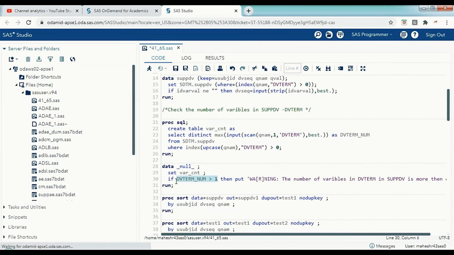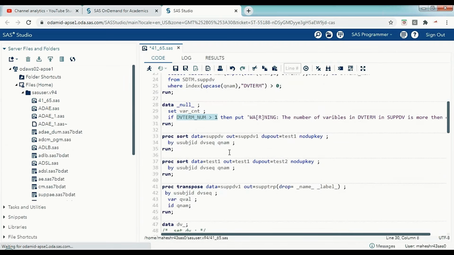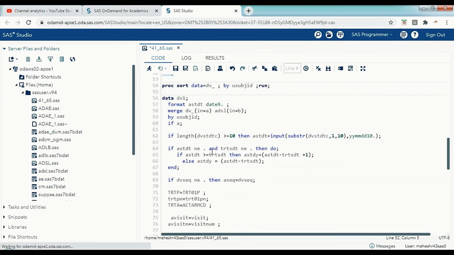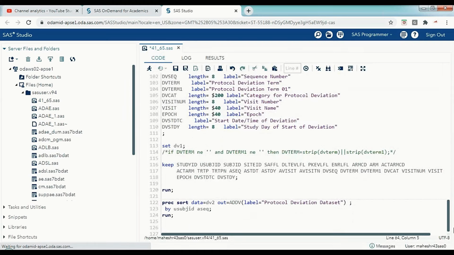That way we get proper information and avoid duplicates. After that, we transpose the data set, remerge with our main data set, and create ASTDT and AENDT, applying any imputation rule for the DV if one is mentioned. Otherwise, ASTDT is simply set equal to the DV date, the treatment variable is assigned, and we apply the attributes and finalize the data set.